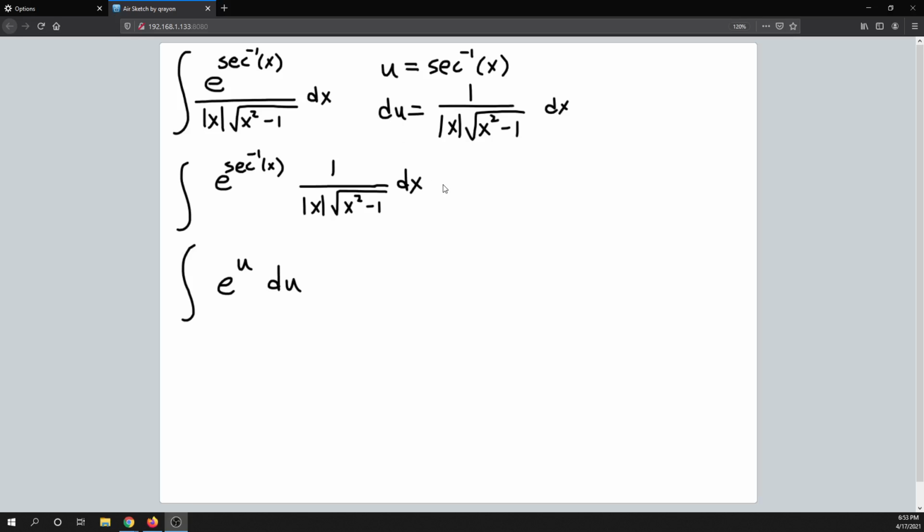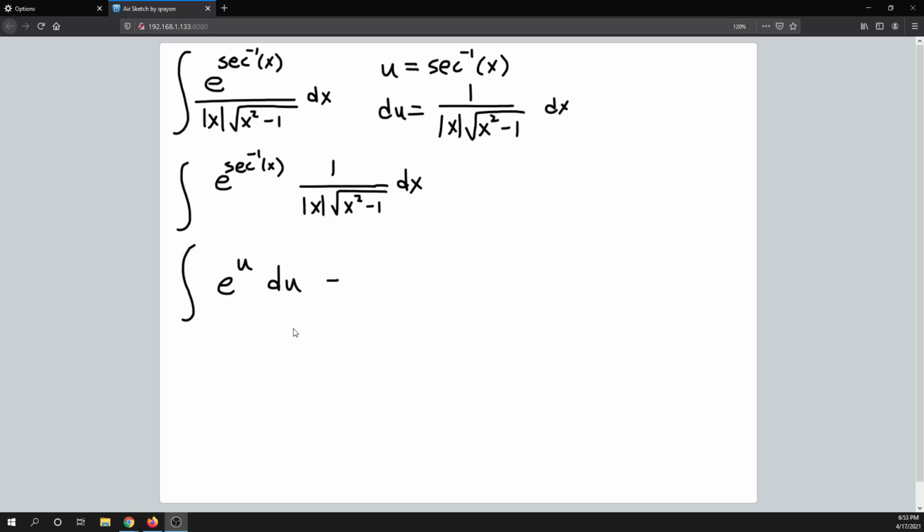Not only did this substitution make our integral much simpler, which is the goal of any of these substitutions, to make it simpler or maybe just doable in the more difficult cases, it boiled it down to actually the simplest integral possible.